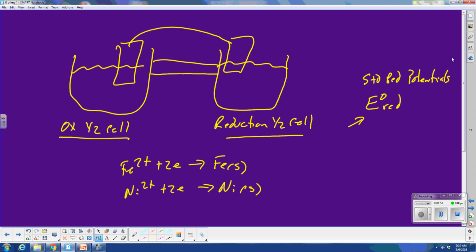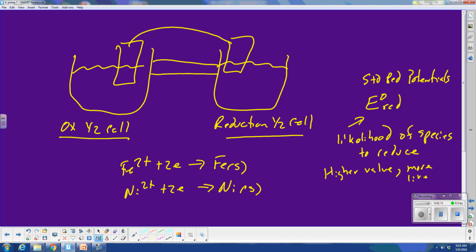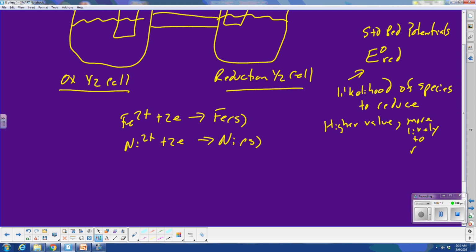It tells me the likelihood of a species to reduce. The higher the value, the more likely to reduce.